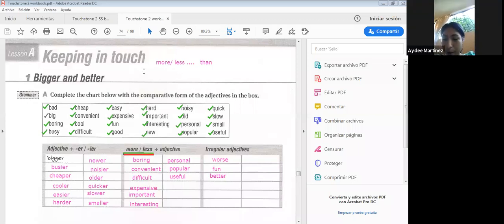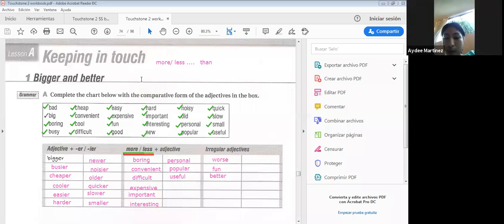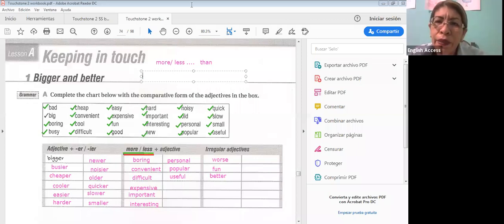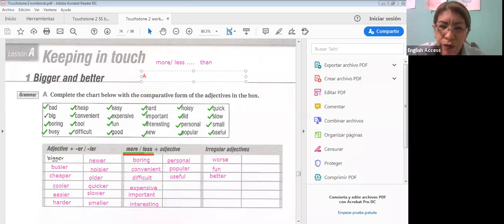Acapulco is more expensive than Guadalajara.